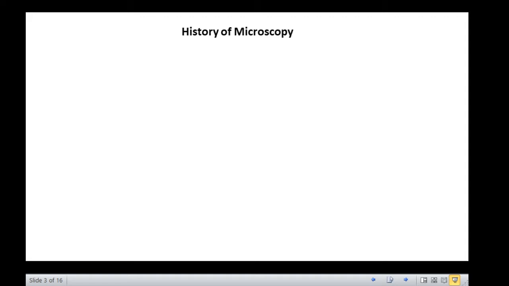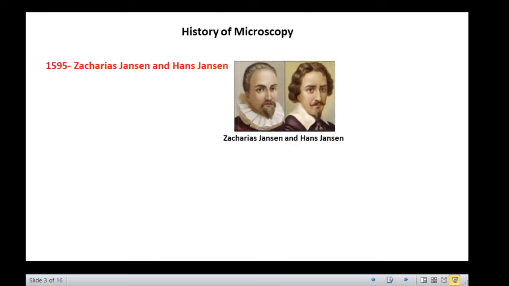Credit for the first microscope is usually given to Zacharias Janssen and his father Hans Janssen. They were Dutch spectacle makers who started experimenting with lenses around the year 1595.